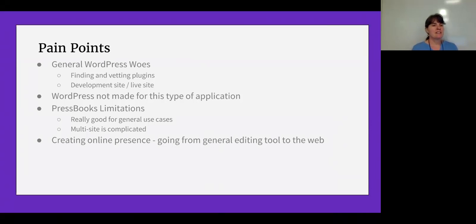So some of the things where I've run into problems are general WordPress woes that probably everybody runs into. Finding and vetting plugins, finding the right thing. I'm always conscious of not trying to add too many plugins to bloat my website, because they have all these features that I don't need when I really only need one feature.